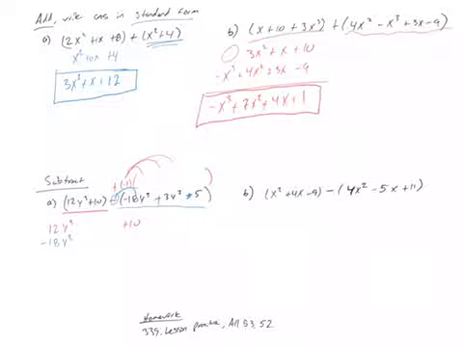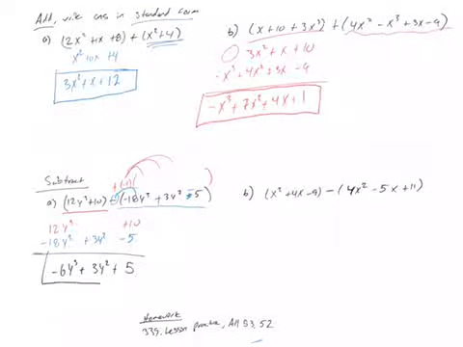Became positive, and this became negative. So plus 3y squared minus 5. Now when we add 10 minus 5, it's 5, 3y squared, and then that was going to give me -6y cubed.